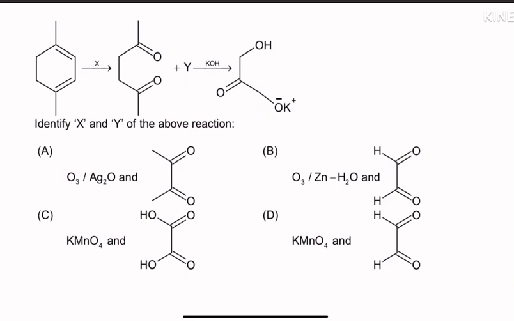Now see, you can assume a diketone is only formed if I break this double bond and it is in the form of oxygens, so it forms diketones.